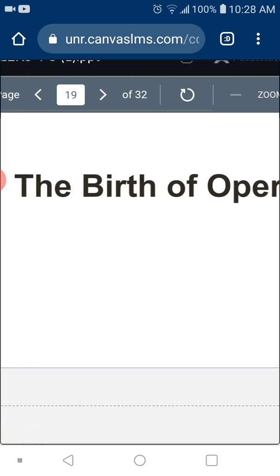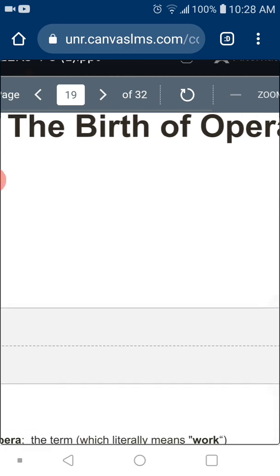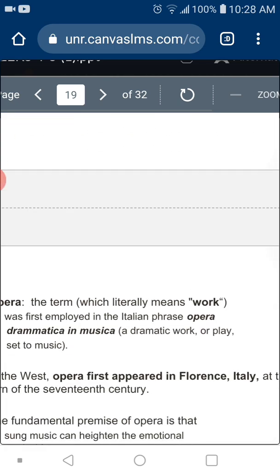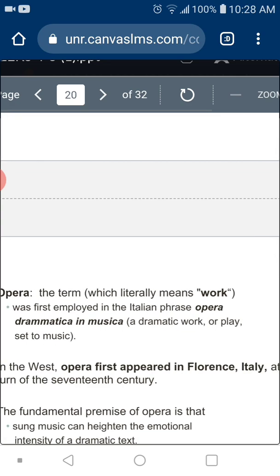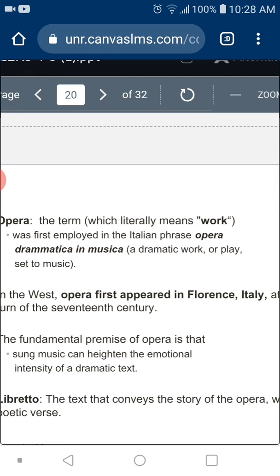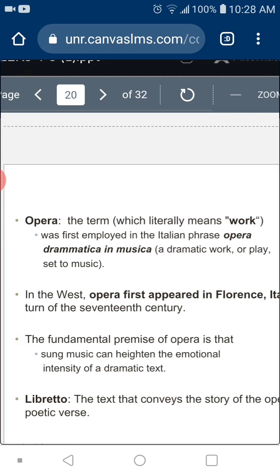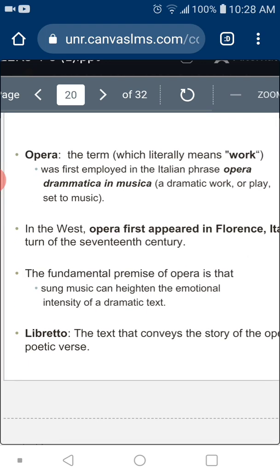And then you have opera. So opera begins. That's very important. So the birth of opera. Opera is so important for later developments in music. So opera was born in Florence at the end of the 16th, early 17th century. And you have to also know the term libretto. Libretto is the plot.